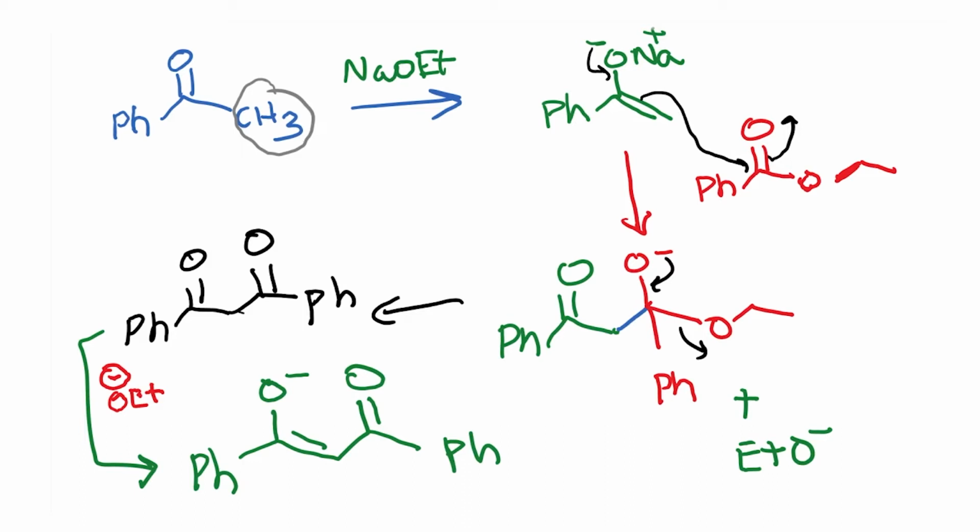And then again, the collapse of this intermediate followed by loss of ethoxide gives you this 1,3-dicarbonyl compound as shown here. And now once the ethoxide is present, it irreversibly reacts with this to give you the highly stable enolate system as shown here, the 1,3-dicarbonyl enolate system. Okay. So now using this strategy, you can design quite elaborate cross Claisen reactions.